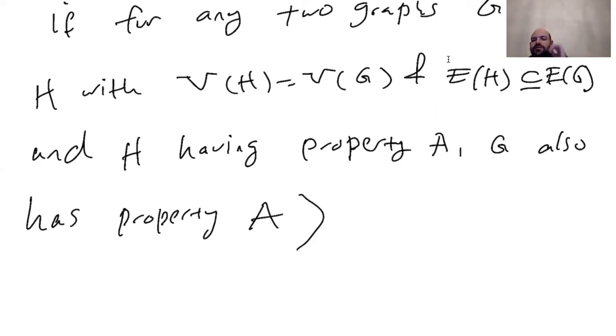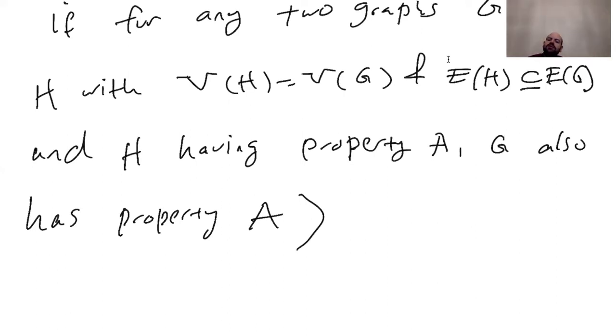Okay, there are a few things here that are considered to be new concepts. One is the concept of monotone property A. For graphs, monotone property means if you have two graphs with the same vertices, and the edges of the first one are a subset of the second one, if the first one with smaller edges has that property, the one with the bigger set of edges and the same vertices must also have that property.